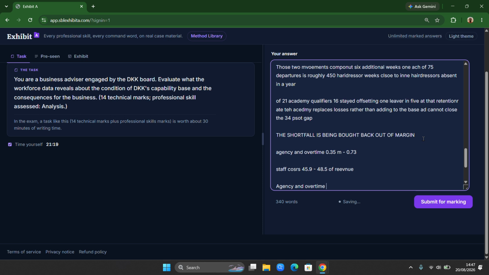agency and overtime cover more than doubled from 0.35 mil to 0.73 mil.